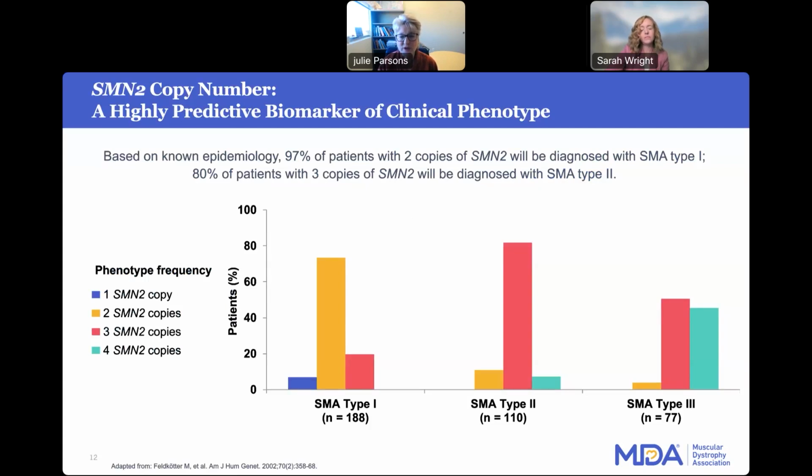In ambulatory patients with spinal muscular atrophy, in general, they will have 3 or 4 copies. But you can see that some ambulatory patients still only have 2 copies of SMN2. So the correlation really isn't completely exact, and it's important to remember that as we're thinking about treatments for patients with SMA. Next slide.